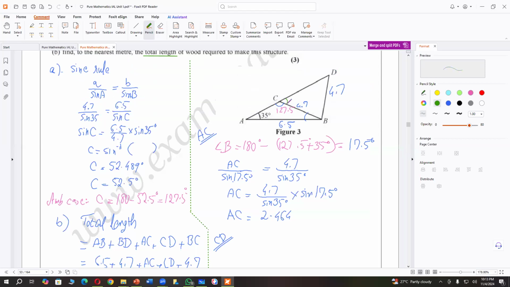Okay. 52.5. This side and this side are equal, so this will also be 52.5.